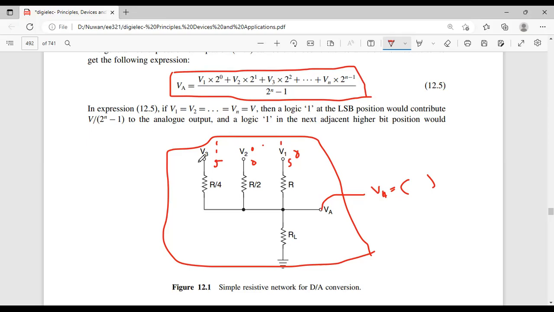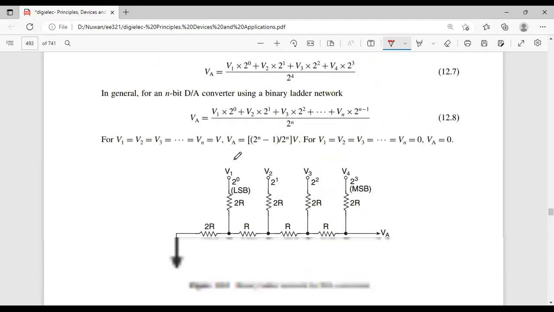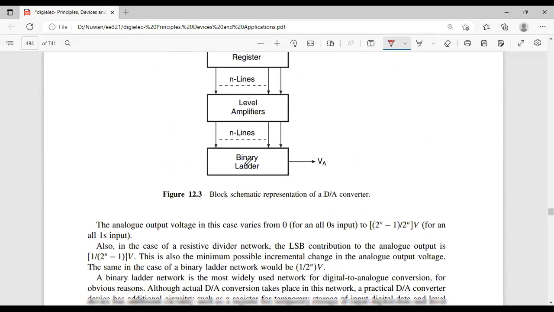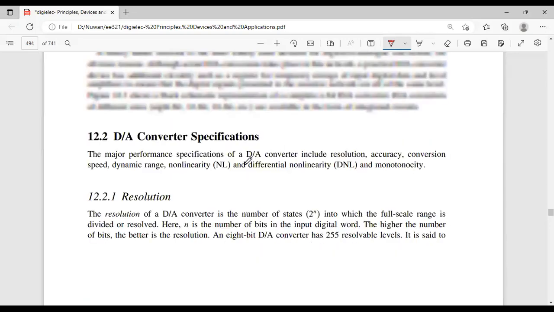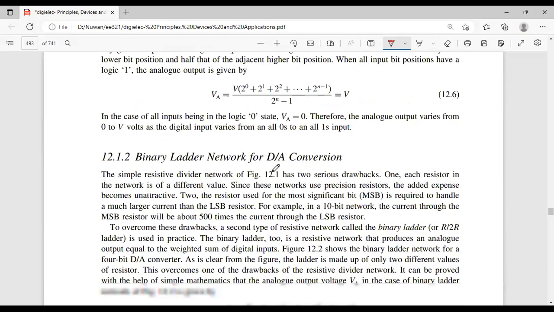Basically you will be given this kind of circuit, this kind of resistive ladder, maybe this one, and there are other implementations also, I think only two. So maybe you are given this kind of ladder circuit or this kind of ladder circuit.